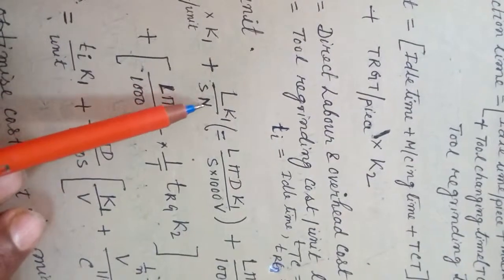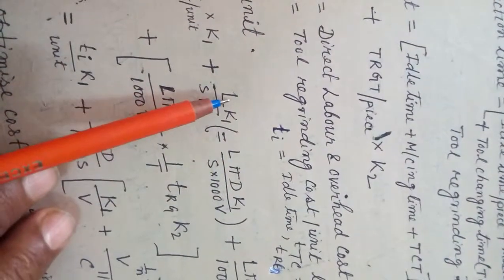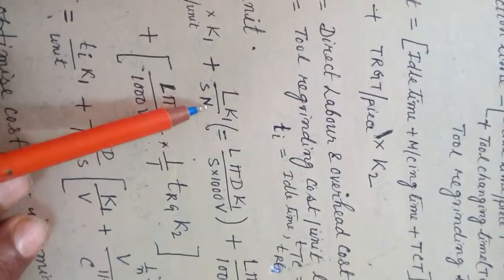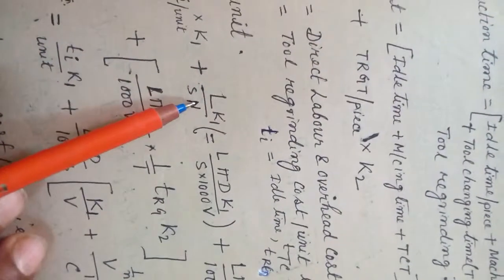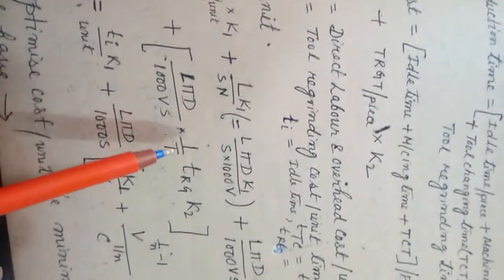This N, you replace N by this. So L K1 by S into N. Pi D N by 1000 is equal to V, so N will come in terms of V. This is the regrinding part.